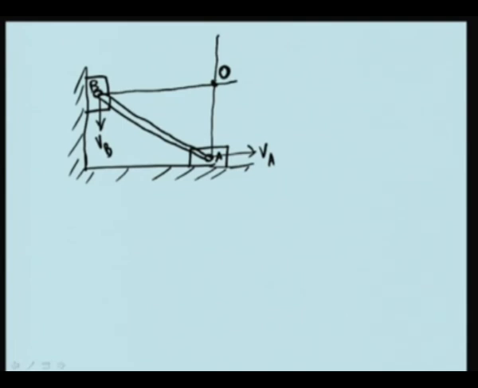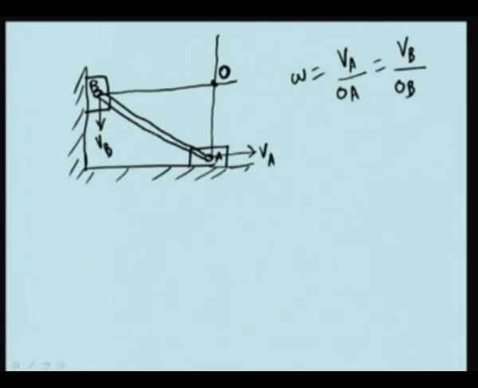Now, if you want to find out the angular velocity of the rod AB, it is simple. Omega is equal to VA divided by OA, or in the same way it is VB divided by OB.